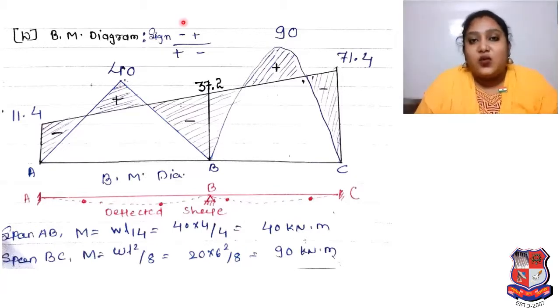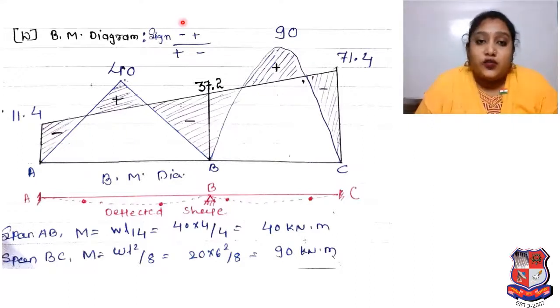So dear students, today we have seen the moment distribution method: the fundamental basic concepts, the distribution factor, carryover moment, fixed end moment, balanced moment, and problems based on the moment distribution method.